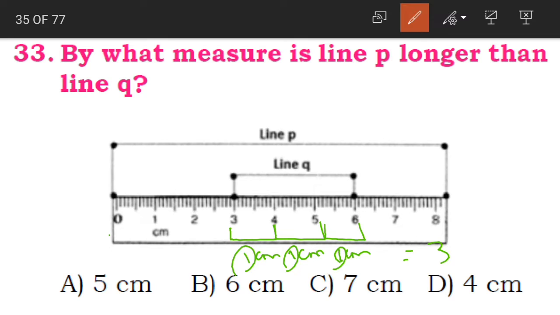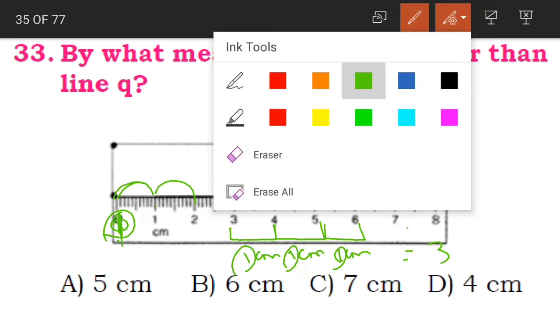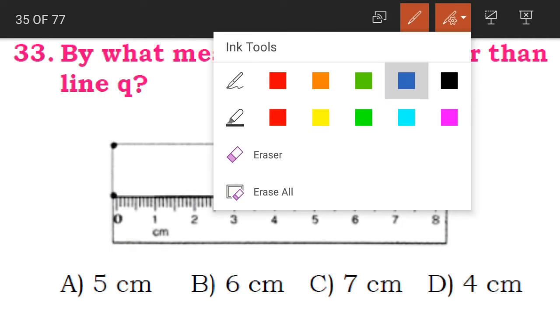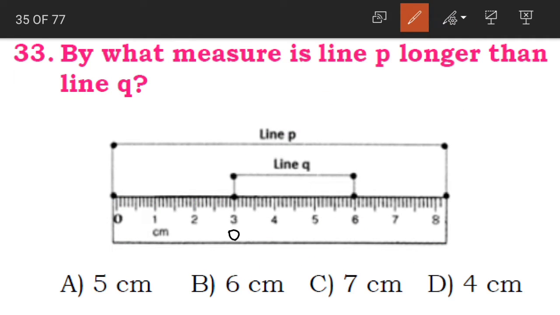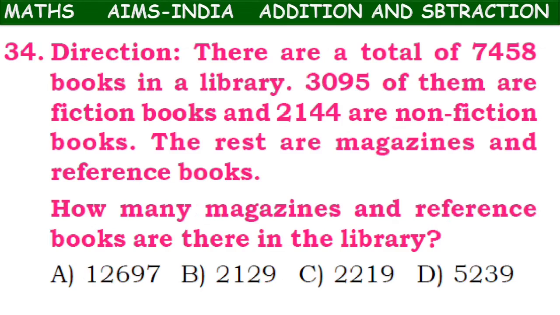See, even when you look at the centimeter line, it starts with 0. First it is not 1. It starts with 0. 0, then comes 1, then comes 2. So in the same way, you need to assume that this is 0, 1, 2, 3. Okay, this will be a better way for you to find out. 0, 1, 2, 3. So the length of Q is 3 centimeters. Clear, children?